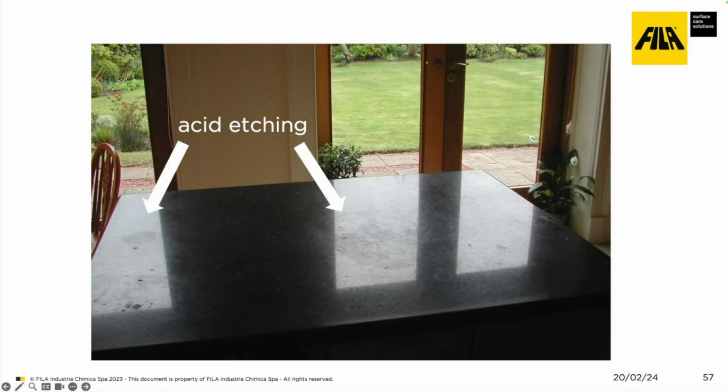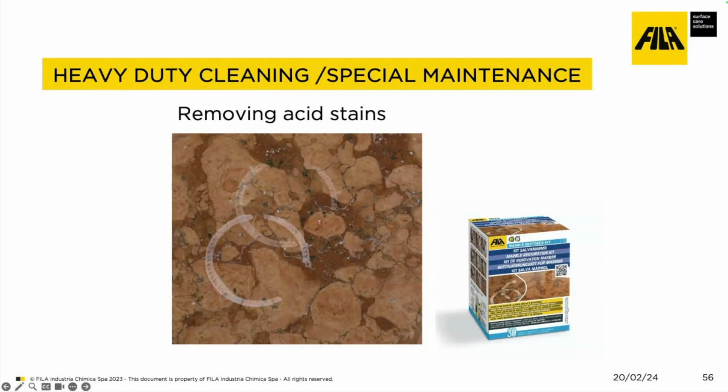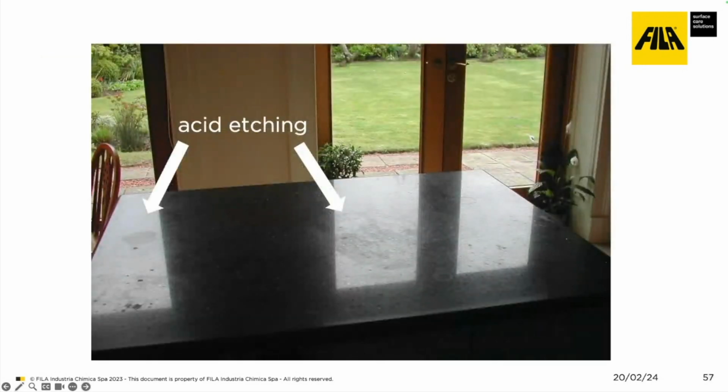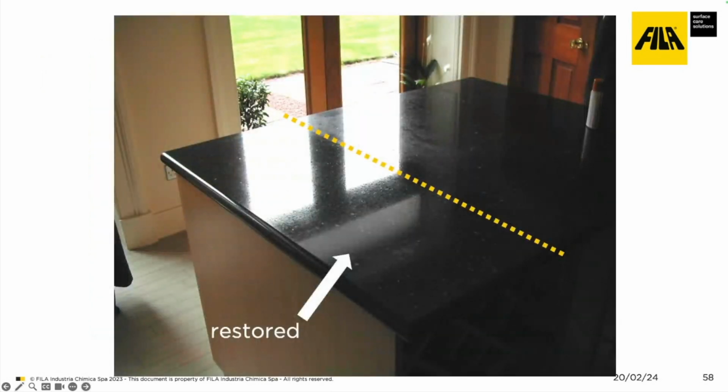The good thing is that we have a little kit, called the Marble Restorer Kit, that is able to restore, recuperate, the etchings if something happens on a polished marble. If you see on the next slide, this countertop is basically a mess with all different types of etchings, probably due to vinegar or different substances, Coke, different types of lemon juice, and the recuperation was done with the kit.